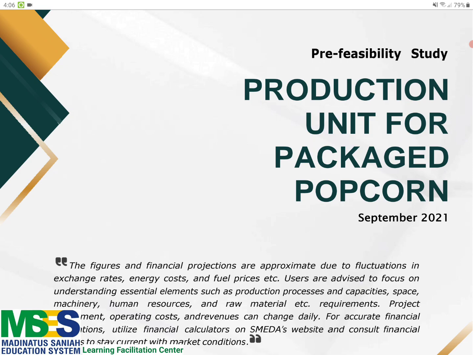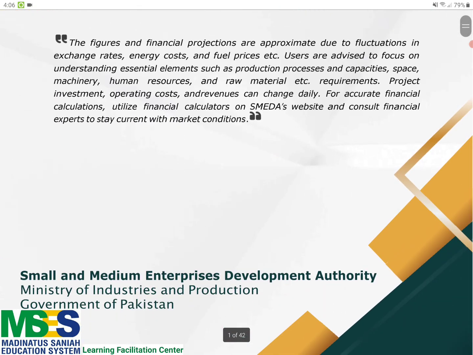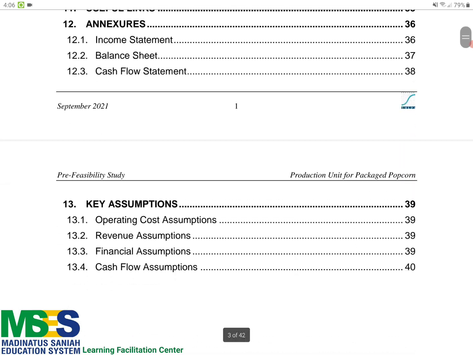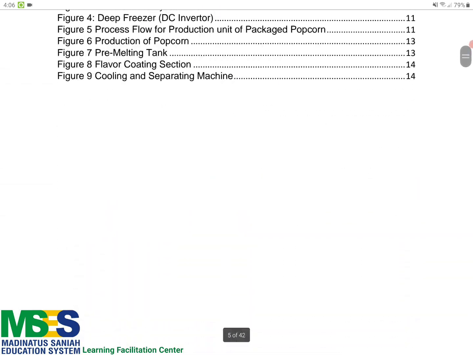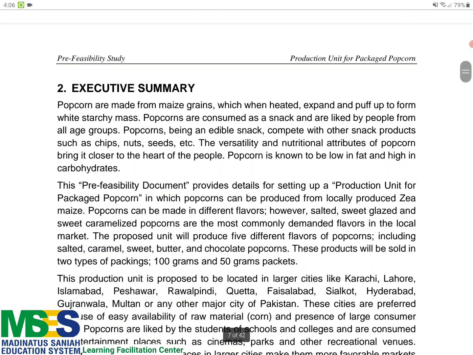So let's move on. There is an executive summary. The executive summary is the summary of whatever is going to come in the presentation or in the report. Why is the executive summary given?